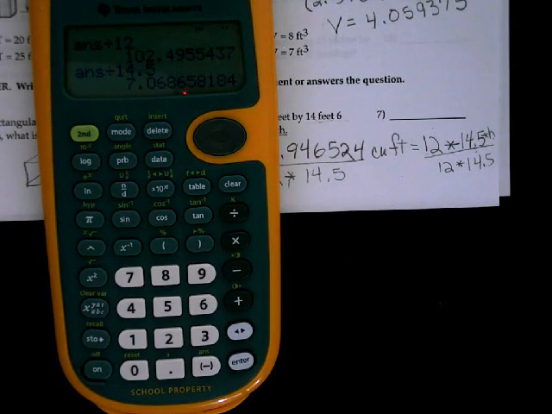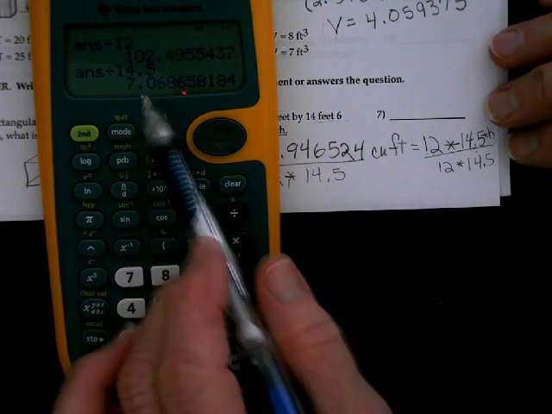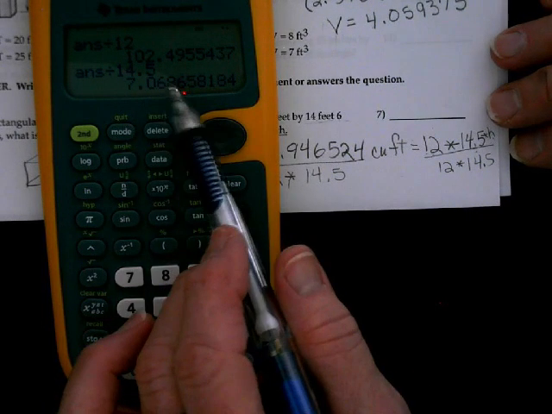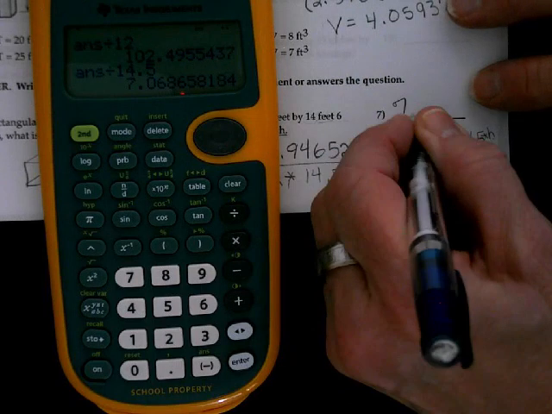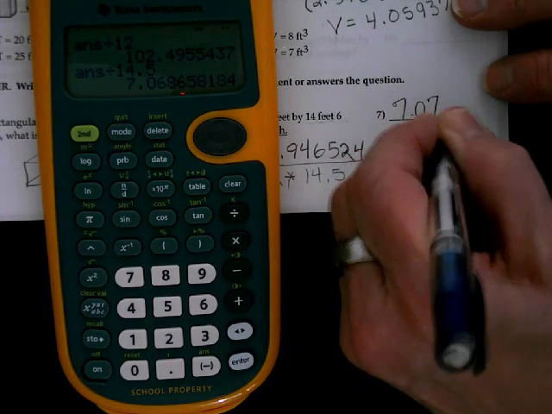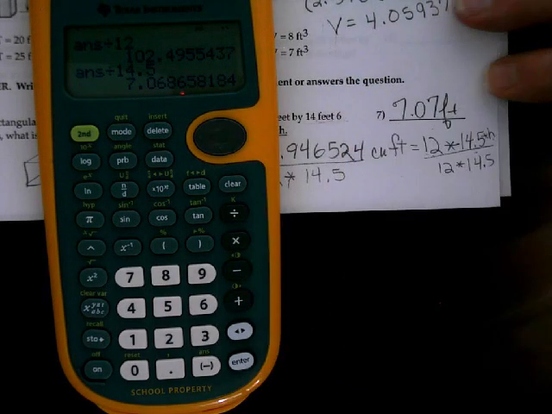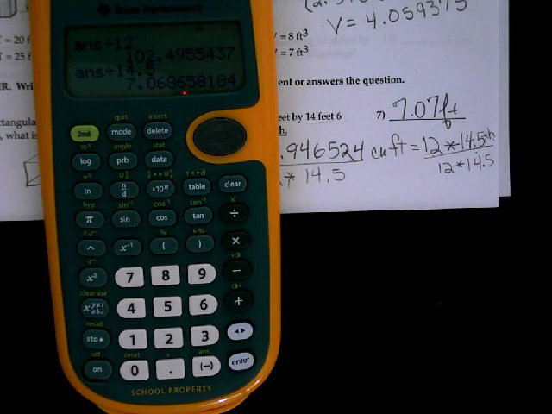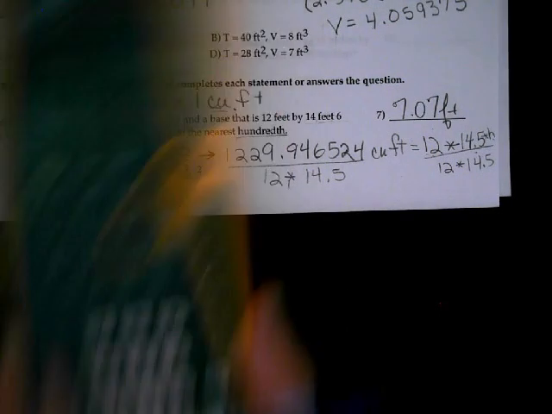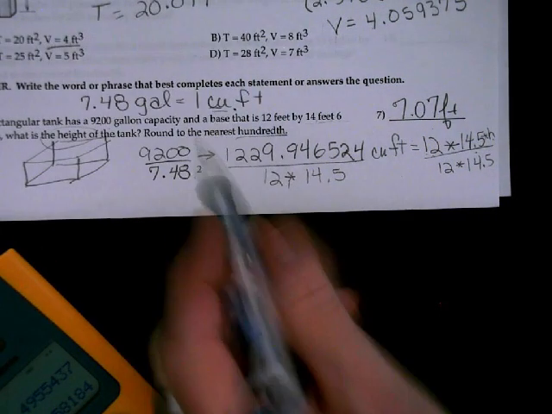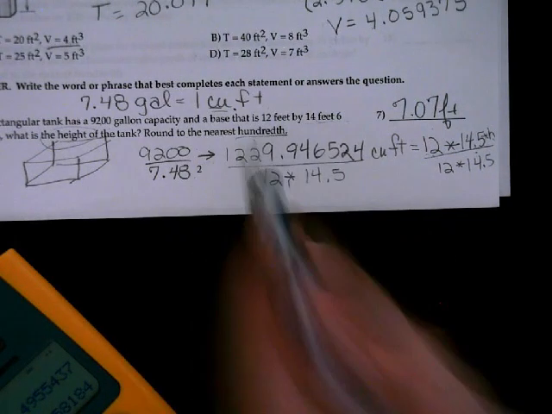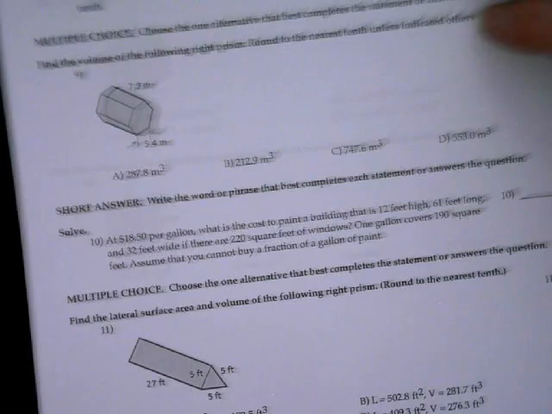Okay, there's my height, and it says round to the nearest hundredth, so it wants 2 decimal places. So instead of 7 point, what those red dots are on there, it must be a glare, 7.068, we go 7.07 feet.